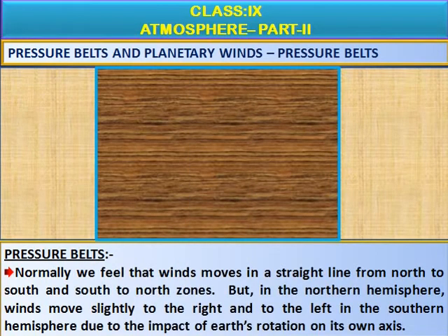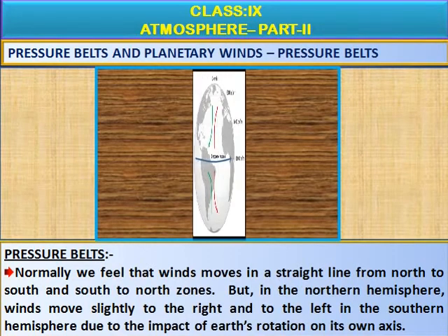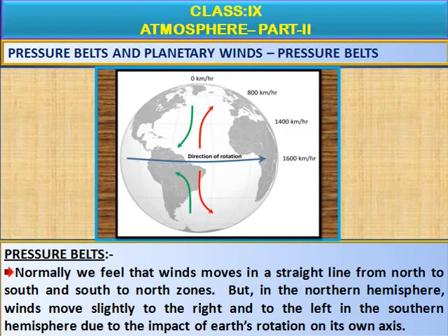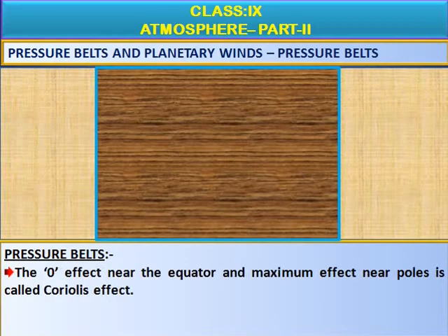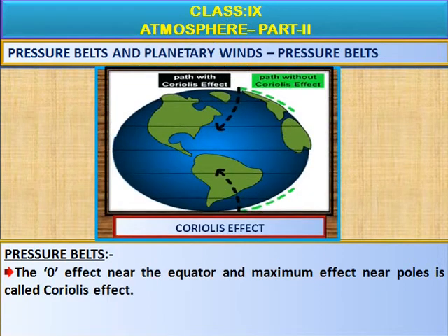You see, normally we feel that winds move in a straight line from north to south and south to north zones, but in the northern hemisphere winds move slightly to the right and to the left in the southern hemisphere due to the impact of Earth's rotation on its own axis. The zero effect near the equator and maximum effect near poles is called Coriolis effect.